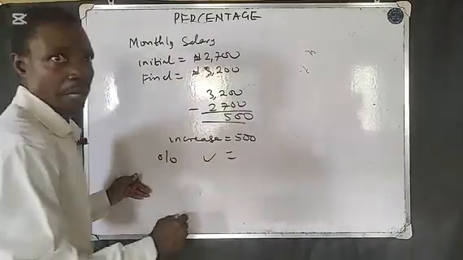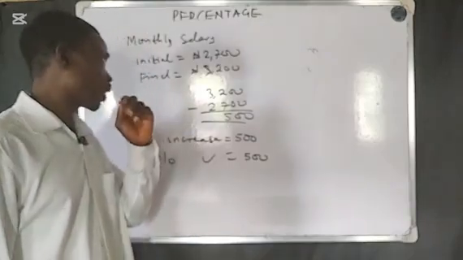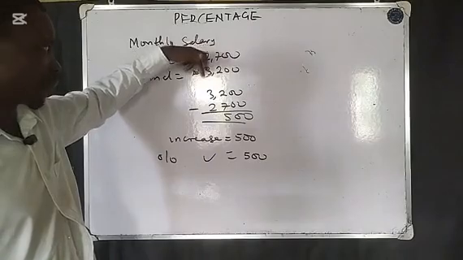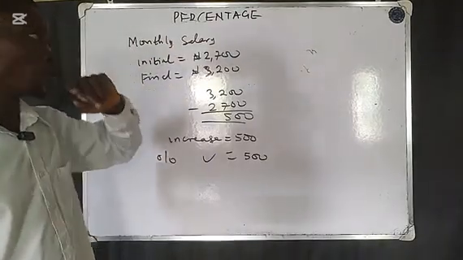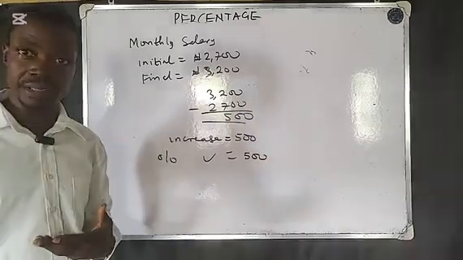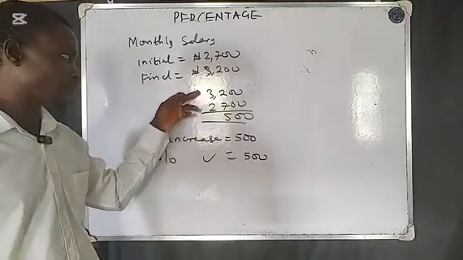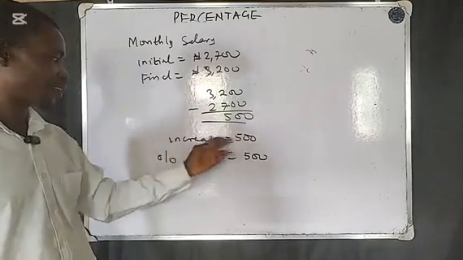That's a good question. Somebody's salary increased from this amount to this amount, right? So they say we should find the percentage increase. The first thing to do is to find the increase: remove the smaller one from the bigger one. So the increase is 500.